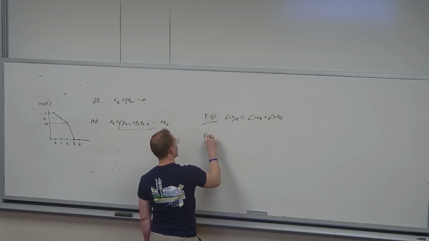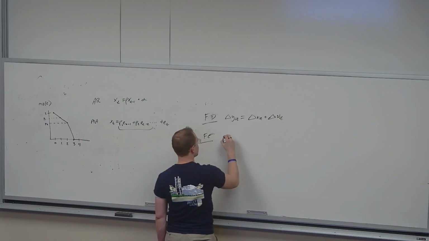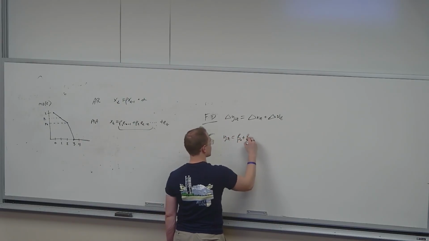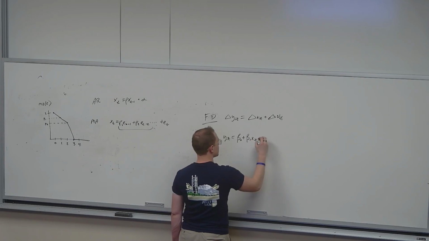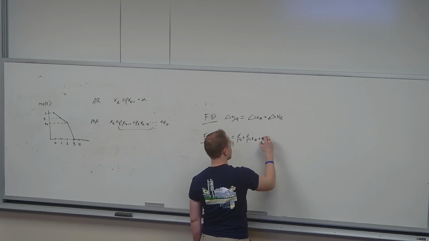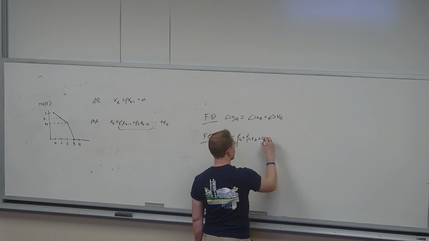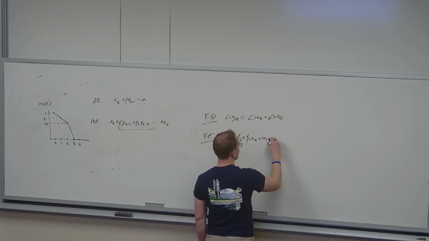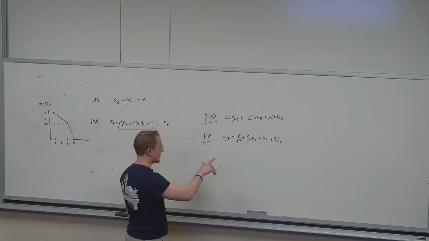And then fixed effects we wrote down as y it equals beta naught plus beta 1 x it plus, you included your alphas in there, right? You had your set of dummies for your alphas, and then you had your error term in there as well. Am I including everything in there?